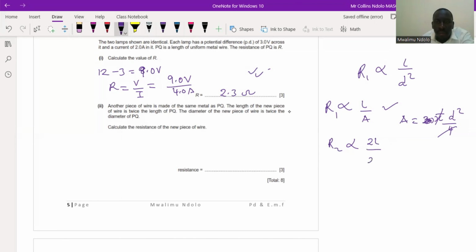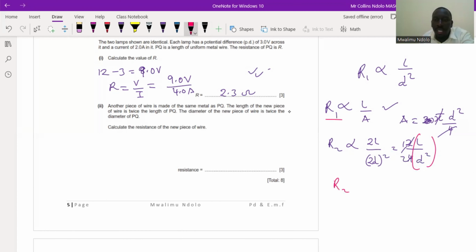So we'll have now 2D, but it is squared, so that will be 2L over 4D squared. So that is like a half. So remember, L over D squared is the R1.